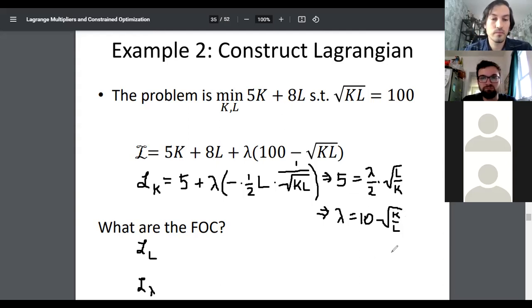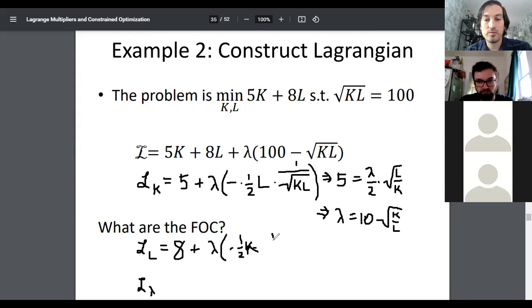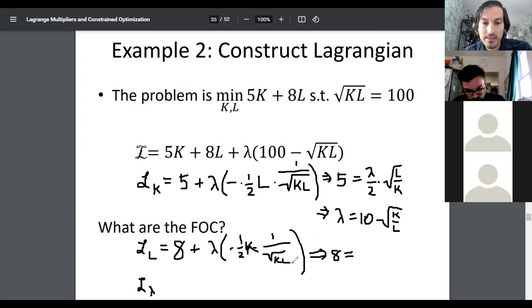You guys agree? How about for this one? Kind of the same thing is happening here. 8 plus lambda negative 1/2 K times 1 over square root of KL. That becomes 8 is equal to, okay, same thing's happening here.